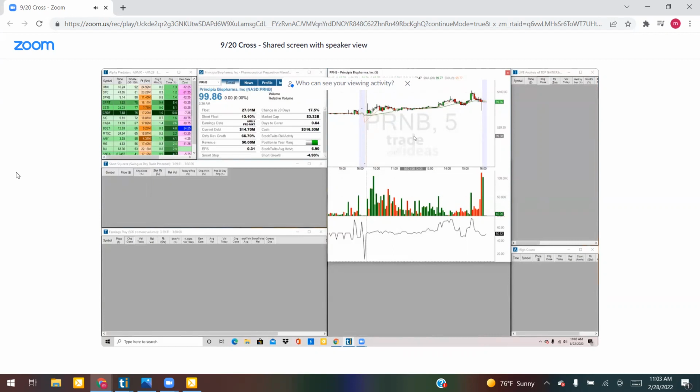And then you flip it. If the 9 EMA is trending up and it crosses over the 20 SMA, it's a very bullish move.